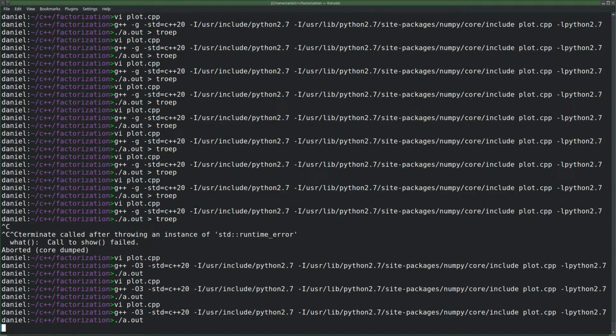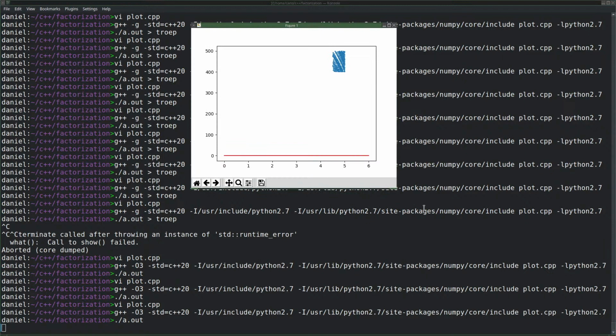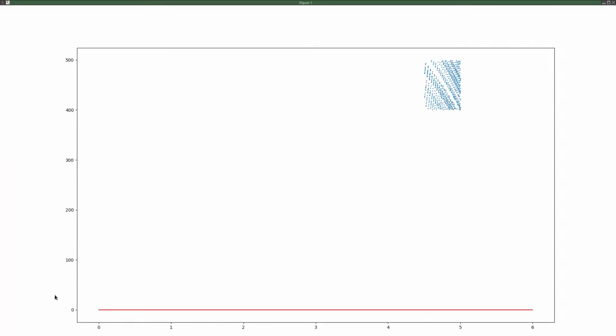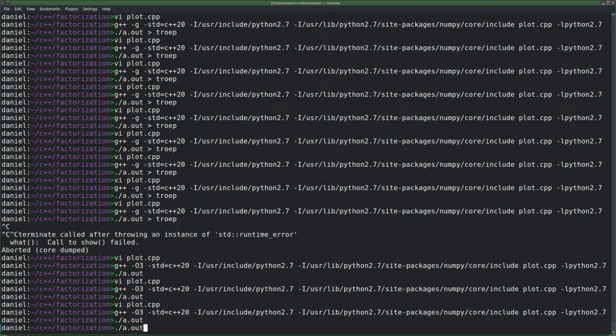Gonna quit here. Oh, that didn't help. The bloody red line is screwing with me. Okay, cannot go to bed. I have to remove the line.